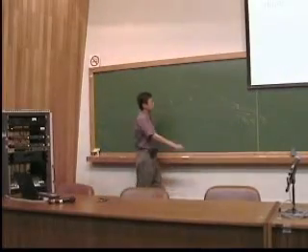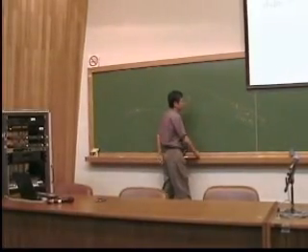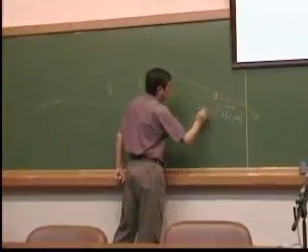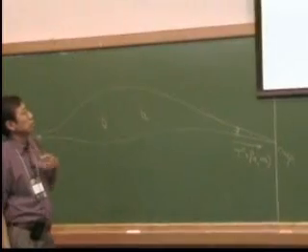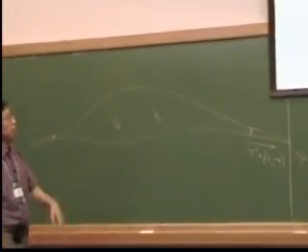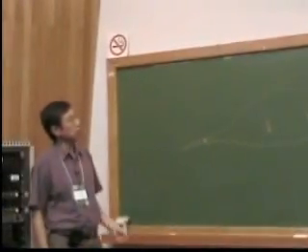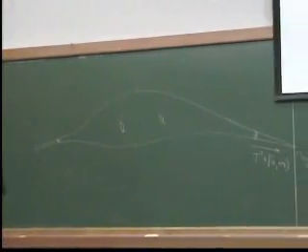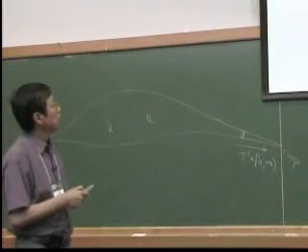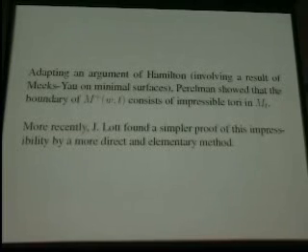And you need to prove these are incompressible, namely, anyway, let me not go into it. So you prove it's incompressible, namely the fundamental group injects. More recently, John Lott found a simpler proof of this incompressibility by a more direct elementary method, a kind of volume computation.